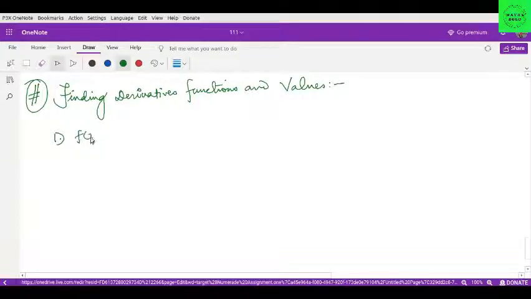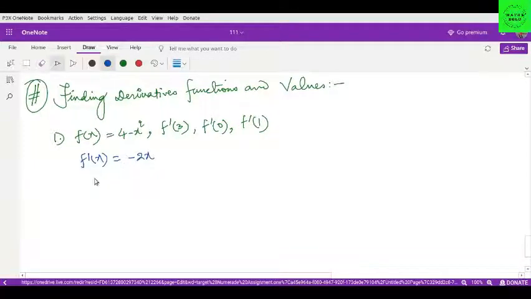So we have f of x equal 4 minus x square, and we have to find f dash 3, f dash 0 and f dash 1. So solution is f dash x equal minus twice of x, so f dash 3 equal minus 6, f dash 0 equal 0, f dash 1 equal minus 2.